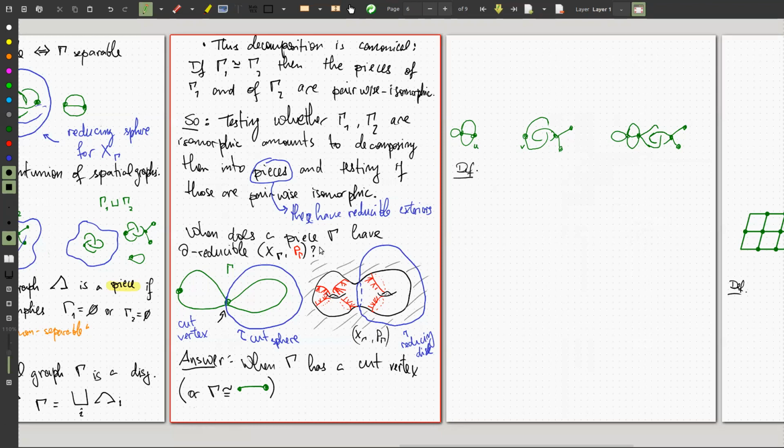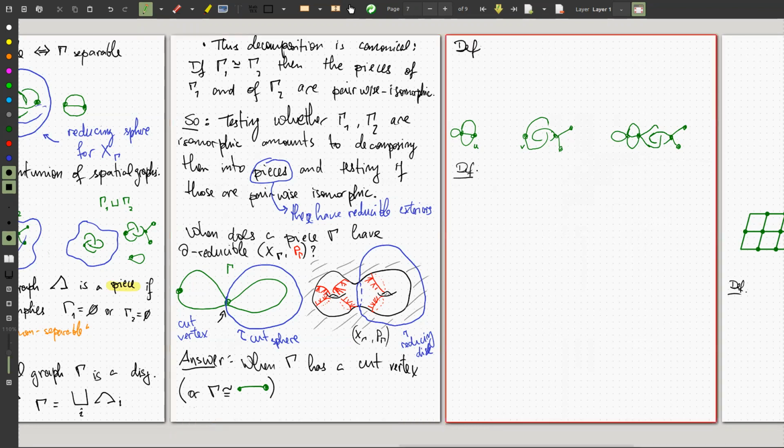And so we recognized this property of being boundary reducible in terms of a property of the graph, and we're just going to mirror the program that we did for the reducibility thing. This suggests defining an operation that is just gluing graphs along a distinguished vertex. So let's do this.